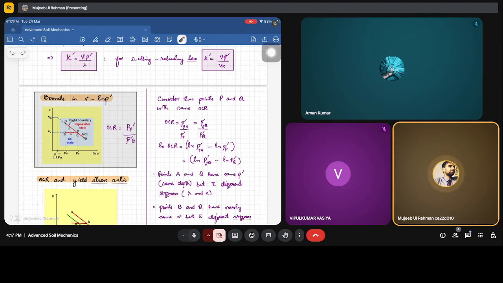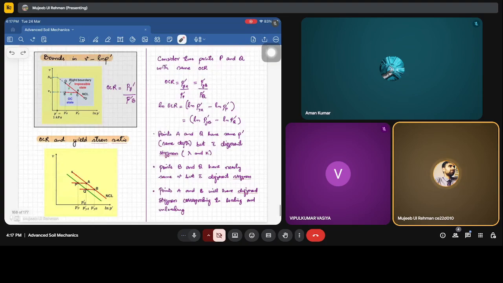So with OCR and yield stress ratio, we are going to describe one scenario where we need the new parameter, the yield stress ratio, to define the phenomenon that's occurring.